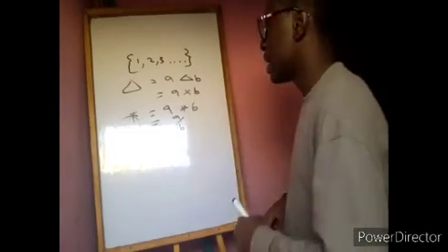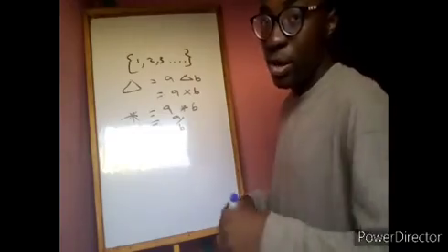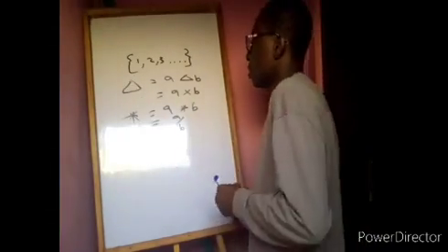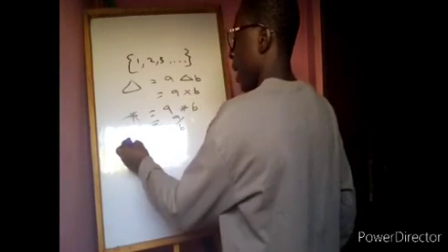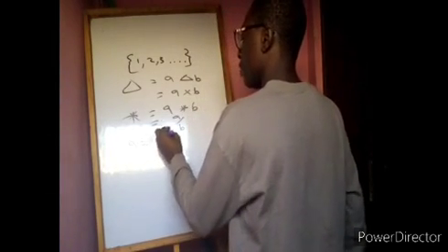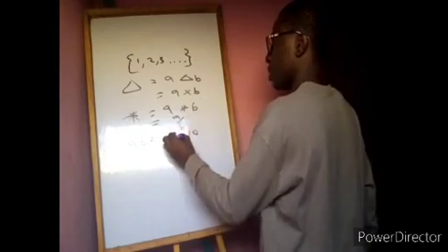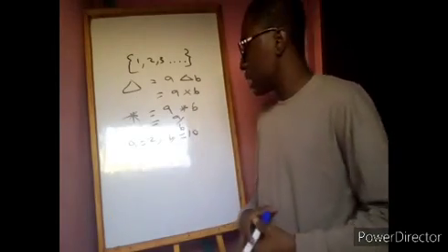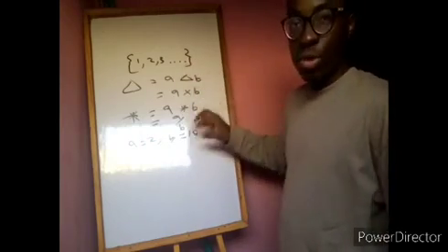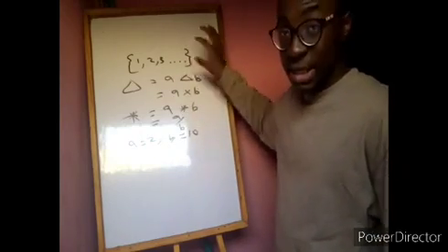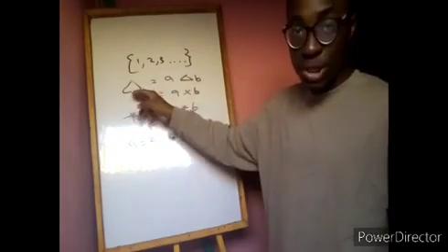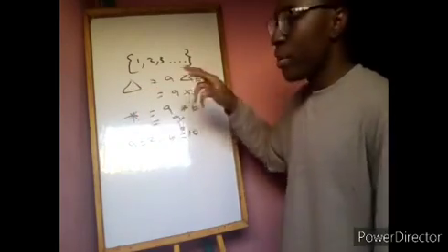Let's pick A as 2 and B as 10. Now I want to determine which of these operations the original set is closed under. Let's pick the first operation, delta.